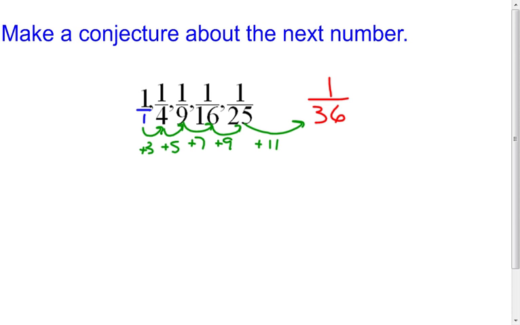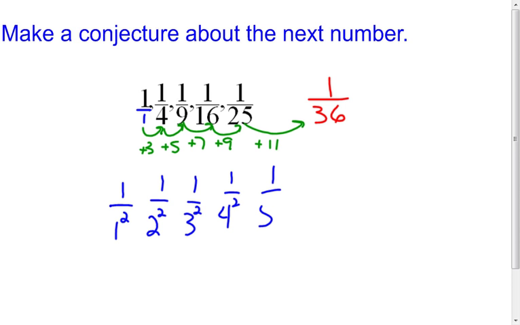Now another way to look at it would be I can look at this first fraction as 1 over 1 squared. The second fraction as 1 over 2 squared. The third fraction as 1 over 3 squared. And then it's 1 over 4 squared and 1 over 5 squared.